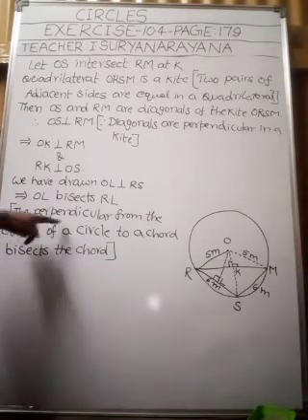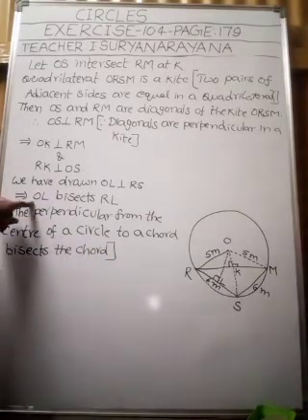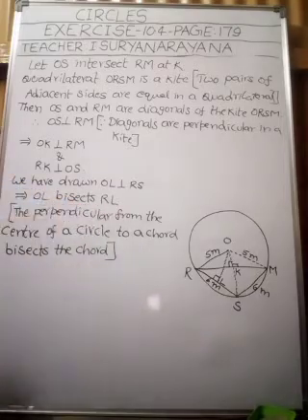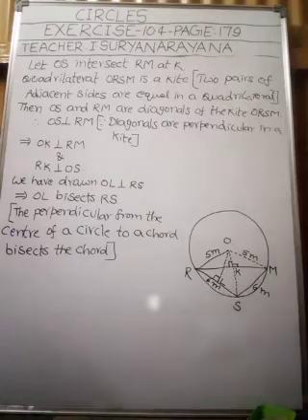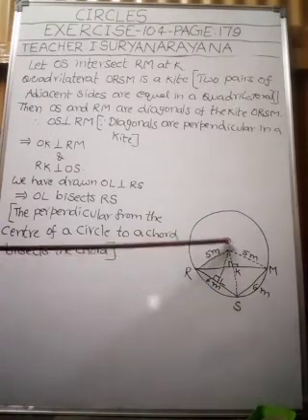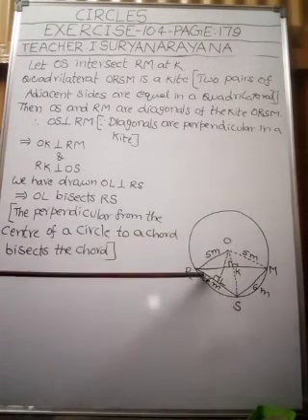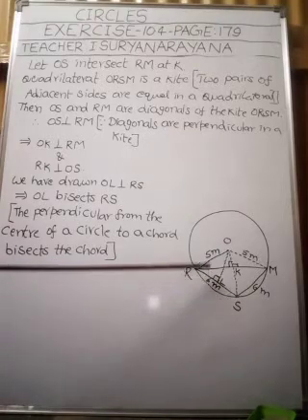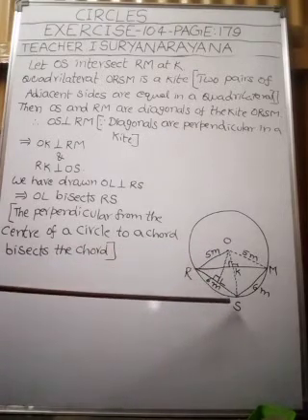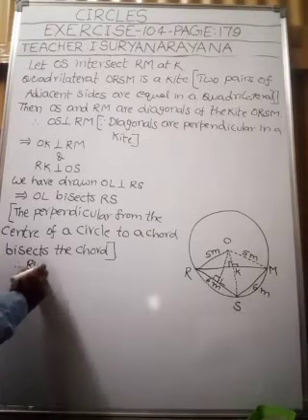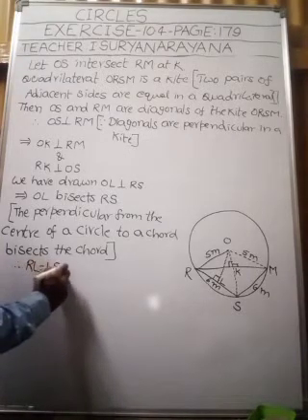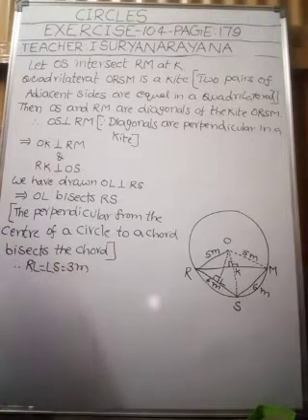So by using this property, we say that OL bisects RS. This OL is a perpendicular line drawn from the center of the circle to the chord RS. Understood, my children? Therefore, RL is equal to LS is equal to 3 meters. Yes or no, my children?